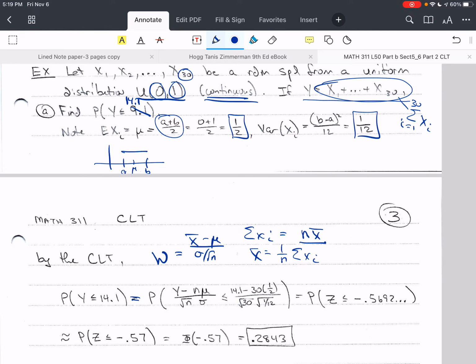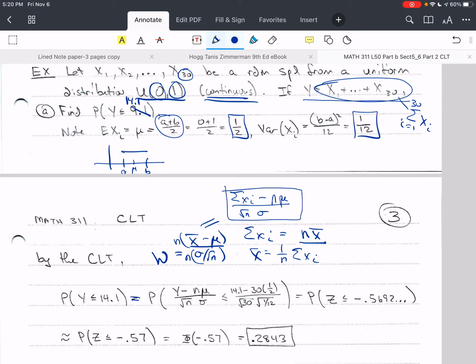So if I multiply the top and bottom by n, I have multiplied by 1. And when I do that, I end up with the sum of xi minus n times mu over the square root of n times sigma.